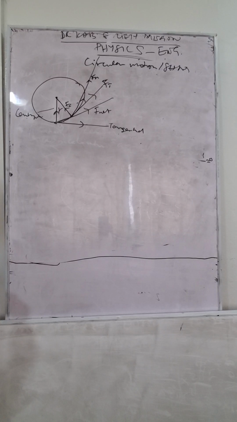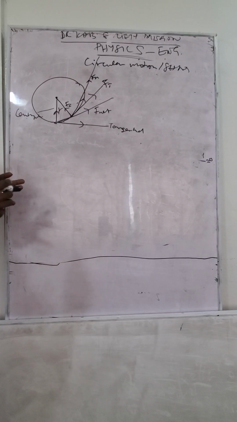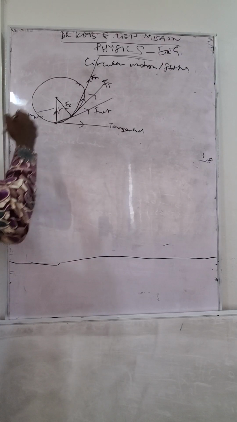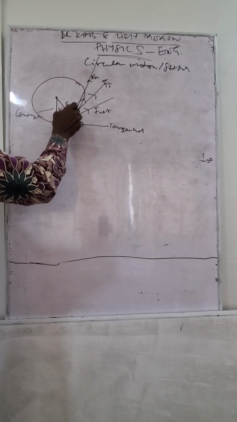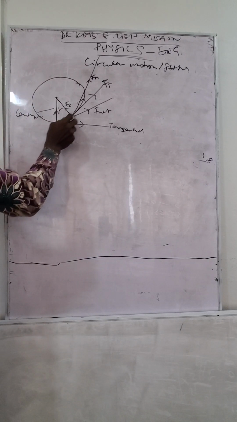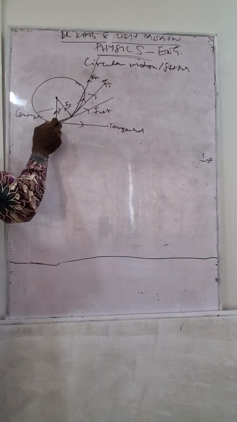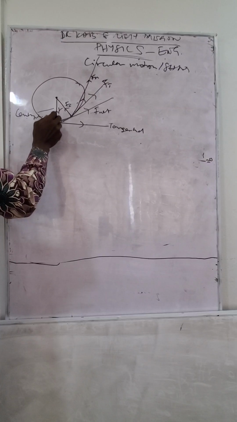Let's try and derive an equation for linear acceleration. The linear acceleration is, of course, the acceleration of the body as it's moving through this. But don't forget, let me just make this point too. This F net, or the resultant F, tends to be closer to the centripetal force.